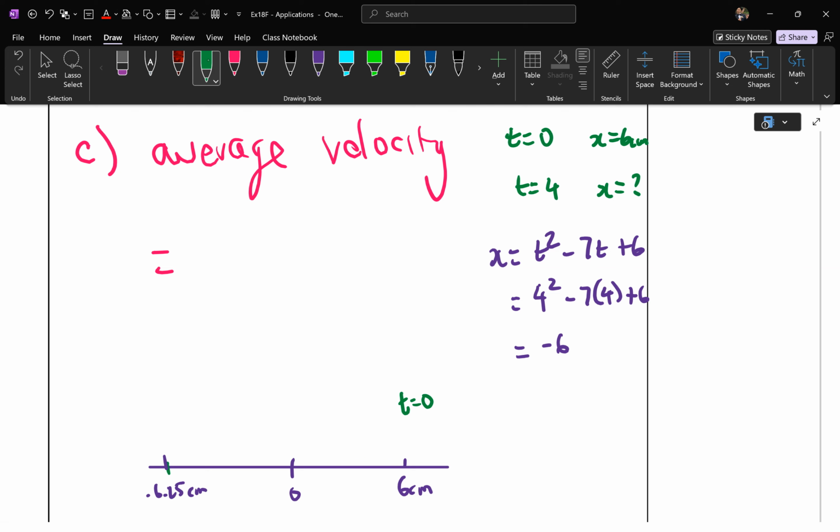This is at t equals 3.5 seconds. So you've gone this way. So this is where the particle is. The particle has moved to the left. And then when did you finish? You finish at 4 seconds at negative 6. Where's negative 6?